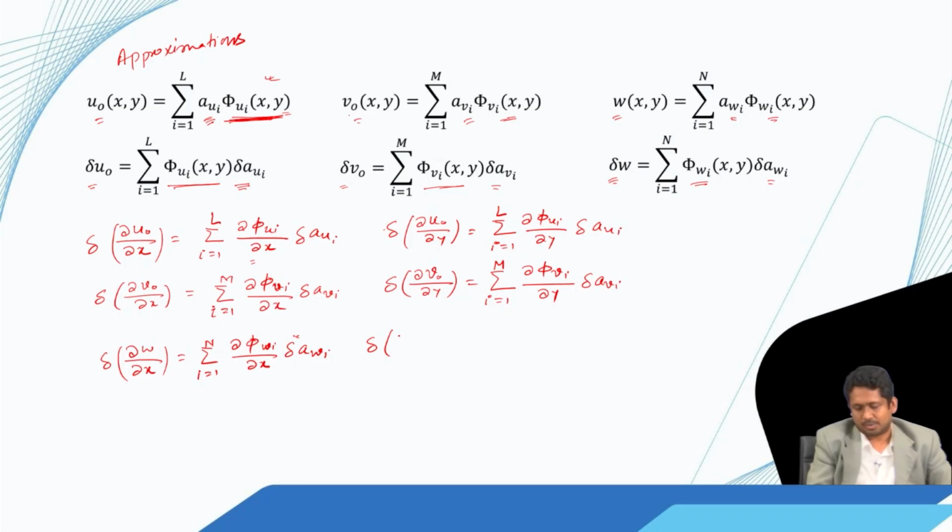Similarly, we can do variation of del W by del y, which we can write as summation I equal to 1 to n, del phi W by del y multiplied by delta AWI. If I take the second order derivative, which is there in the energy expression we have seen, we can do the same thing, only thing is that phi Wi is differentiated twice.